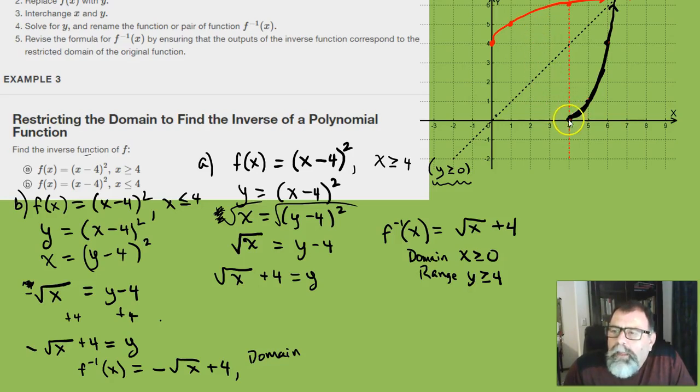So the domain of the original function is x less than 4, so that's going to become a range. Y is going to be less than or equal to 4. Now the range of the original function, again, is still going to be the positive numbers, so the domain is just going to be x is greater than or equal to 0. Okay? So basically when I graph it, it would be down here.